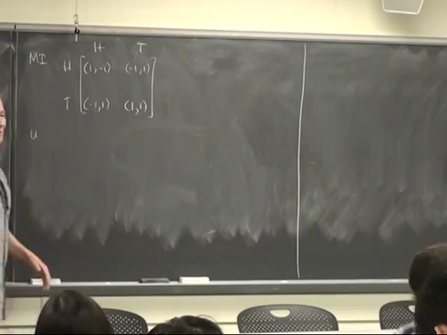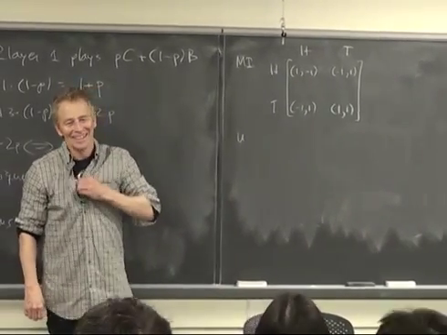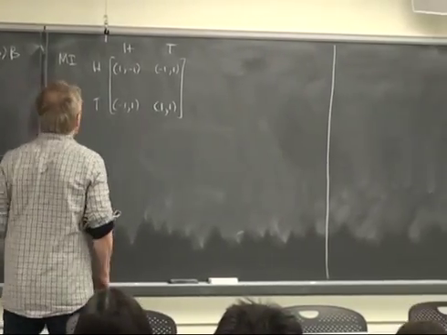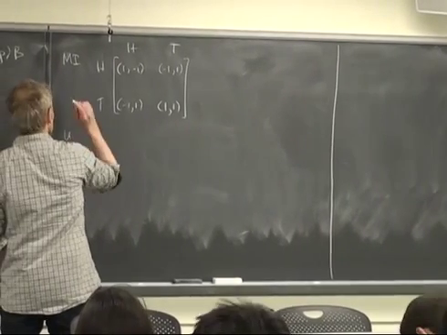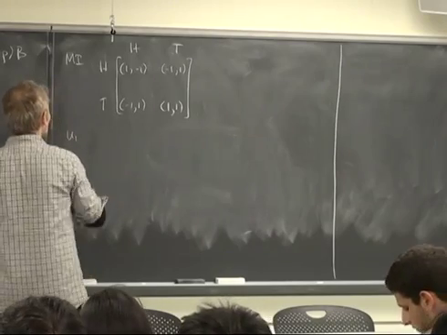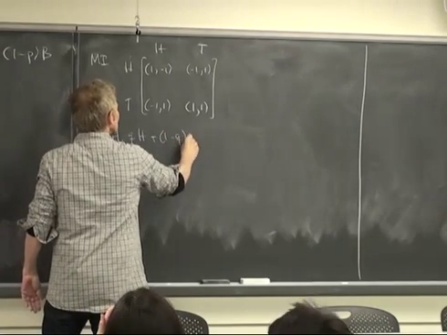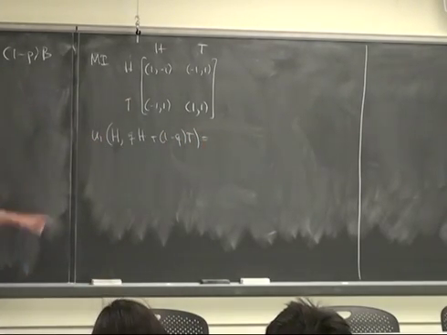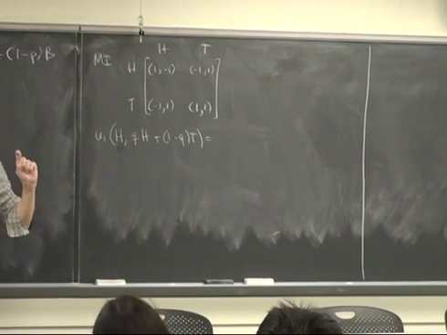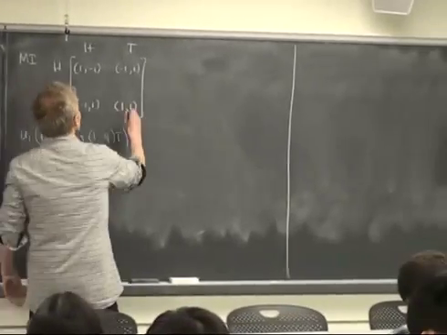I always get confused with payoffs and players and payers and all that stuff. I apologize for that. Okay, so player 1's payoff to playing heads against QH plus 1 minus QT is equal to Q. Yes, it should. Thank you.